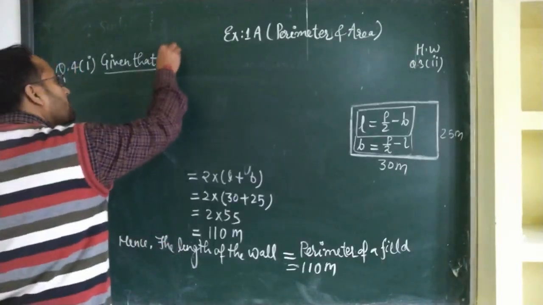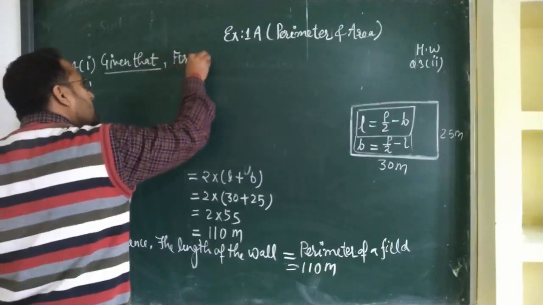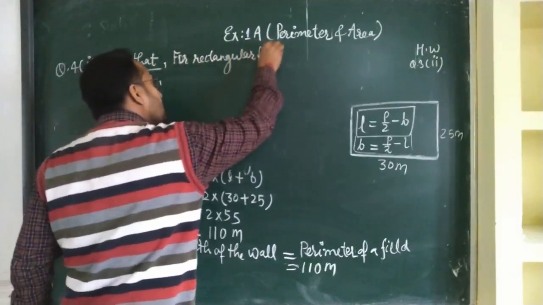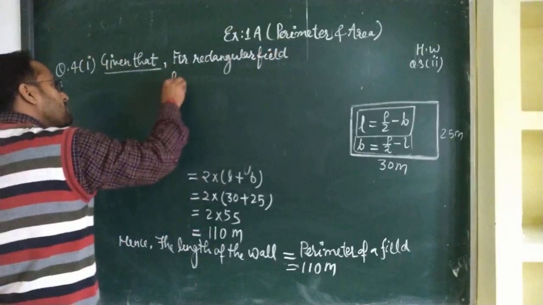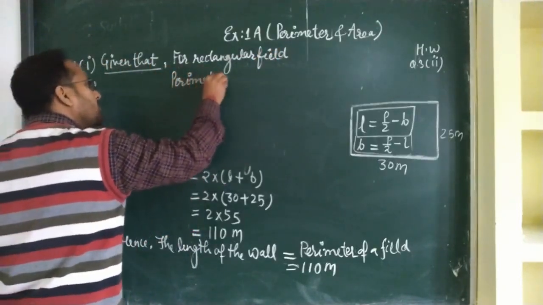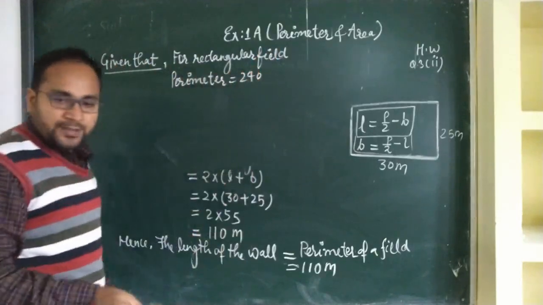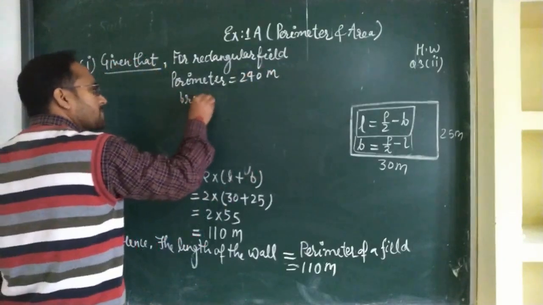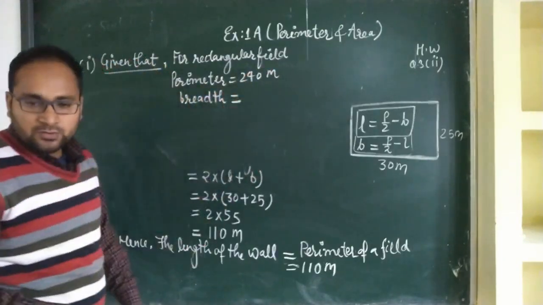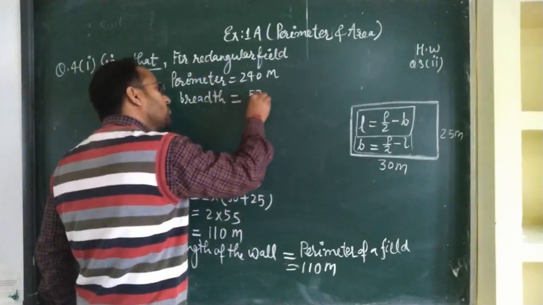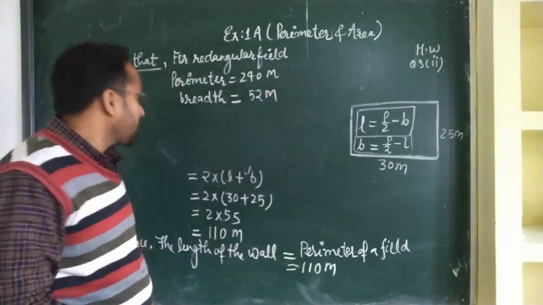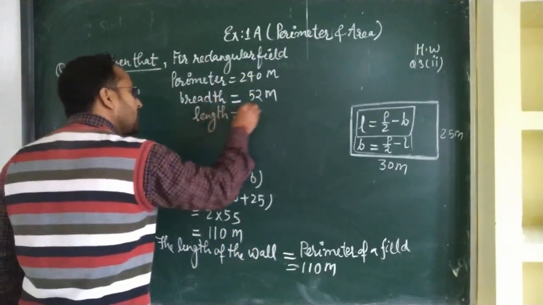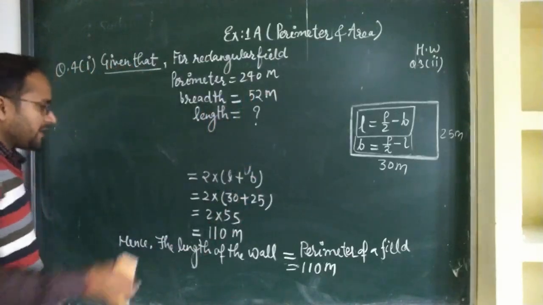Perimeter is given for the rectangular field: perimeter is equal to 240 meter, and breadth is equal to 52 meters. This is given and we are asked to find the length. So very easy.